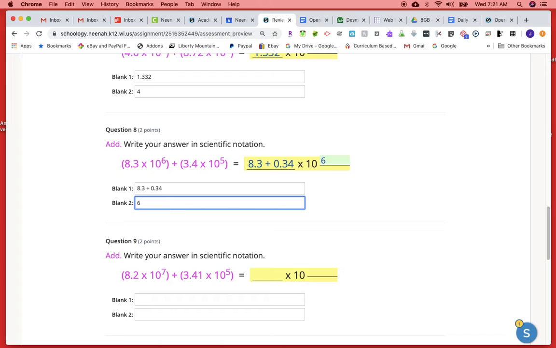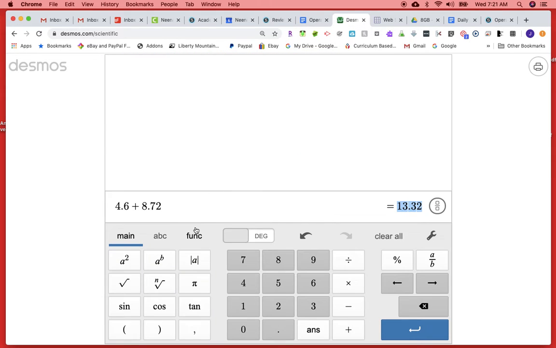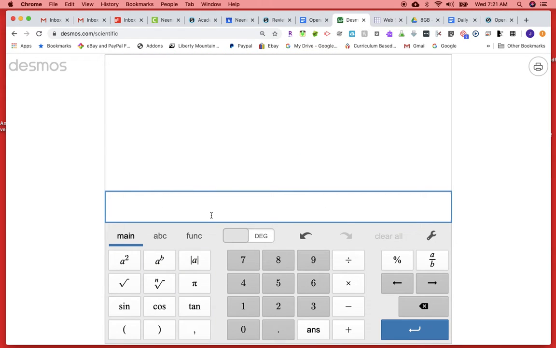And I'll keep our exponent at 6. Okay, so let's add these together. Let's see if I can just copy and paste this into decimals. And we can. So 8.3 plus 0.34 is 8.64. I'm just going to copy that.